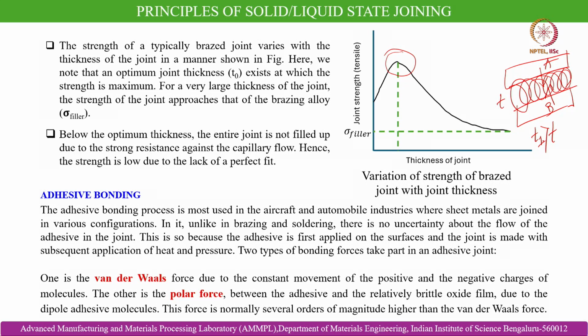That is what is mentioned over here. For a very large thickness of the joint, the strength of the joint approaches that of the brazing alloy. This is true for brazing, for adhesive bonding and most other welding techniques.